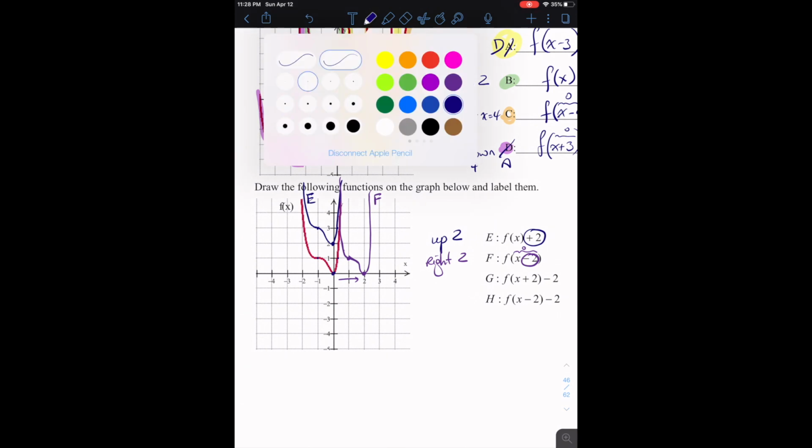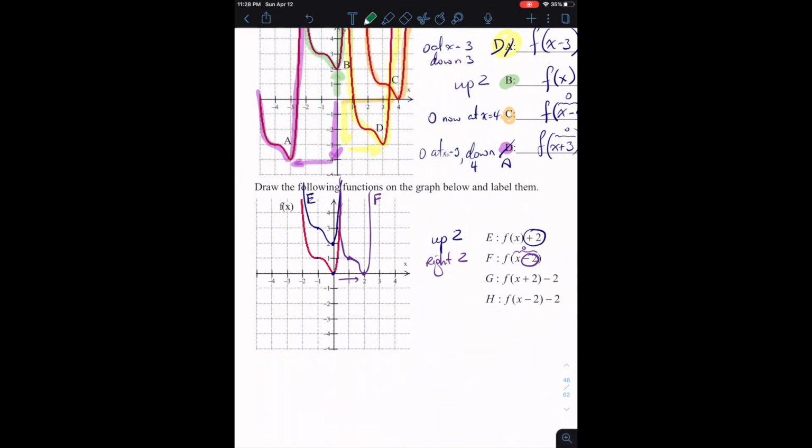Okay, let's find another color. How about green? G. We shifted our 0. So now instead of being 0, 0, that value is going to be at negative 2, 0. Right? And then we're going to shift all the values down by 2. Okay, so negative 2, 0, and then down 2.